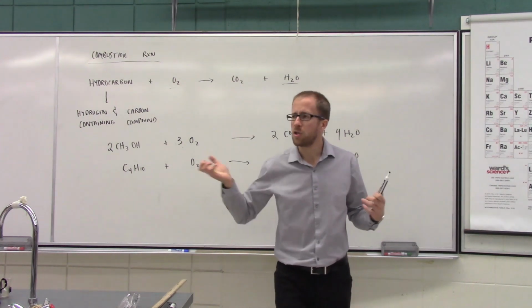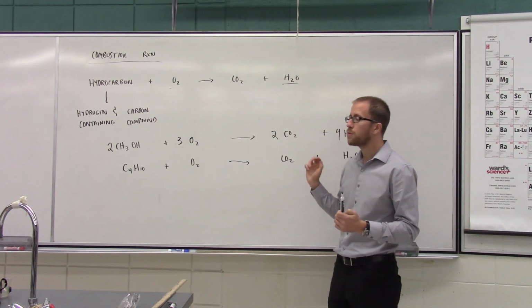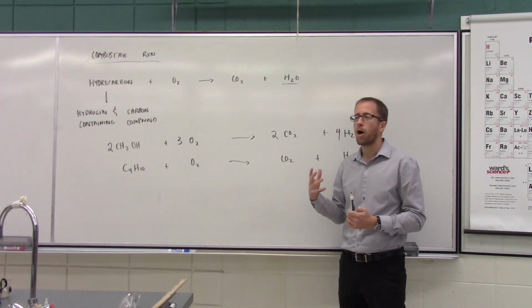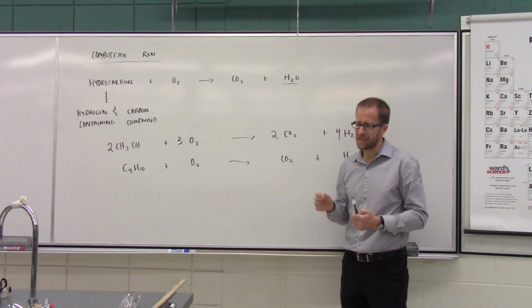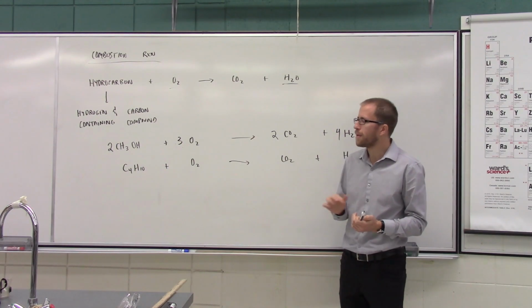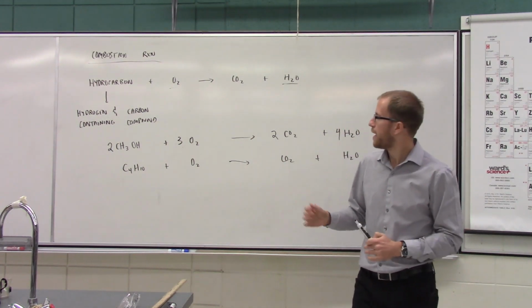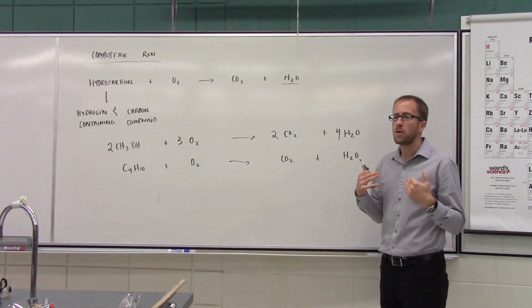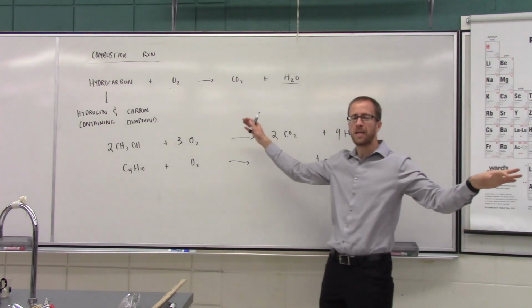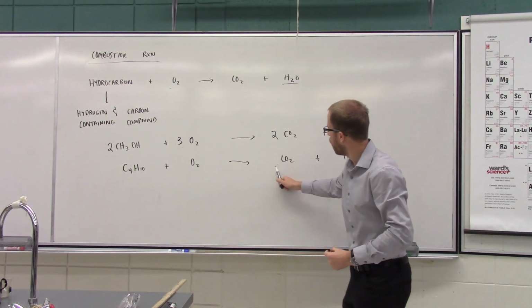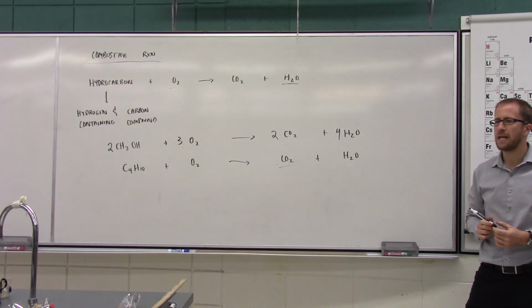If we start to deprive oxygen from the reaction ever so slightly, you'll get carbon monoxide formed. In fact, you almost always get a little bit of carbon monoxide formed. So I'm lying to you a little bit. You always have a little bit of incomplete combustion. But for our purposes, we're assuming everything is completely combusting perfectly. So we're always going to have carbon dioxide and water.